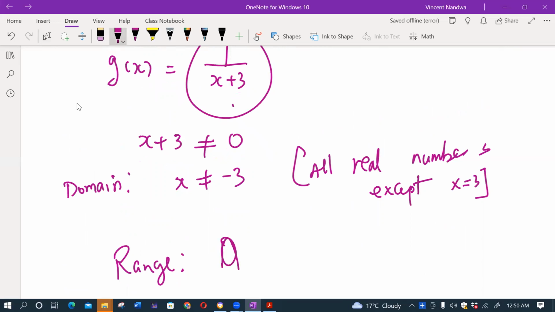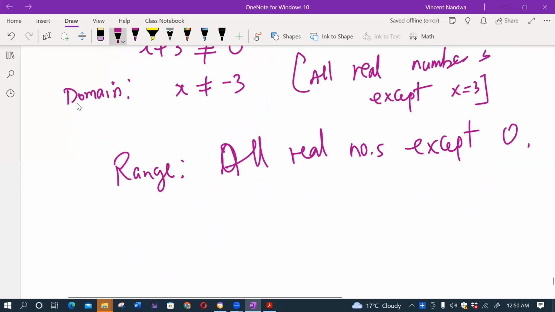So say all real numbers except 0. Or simply, g of x cannot be 0, but any other value will apply.